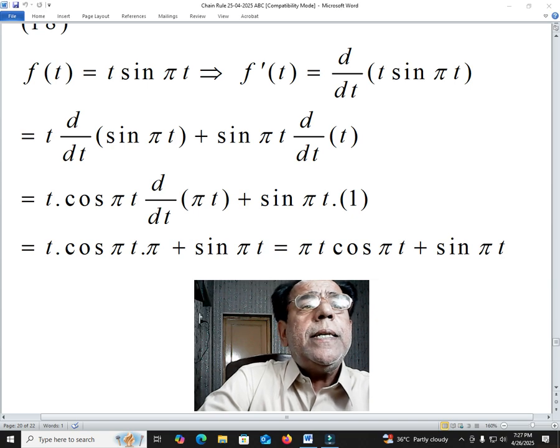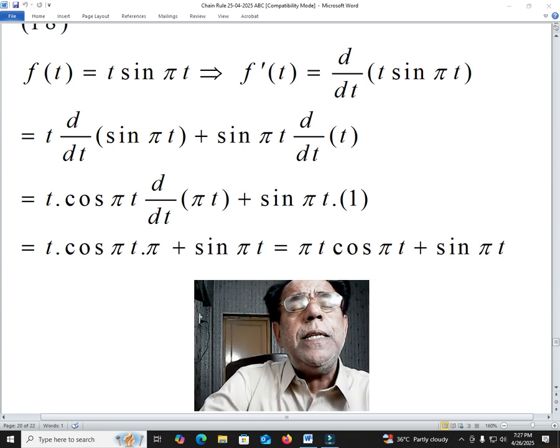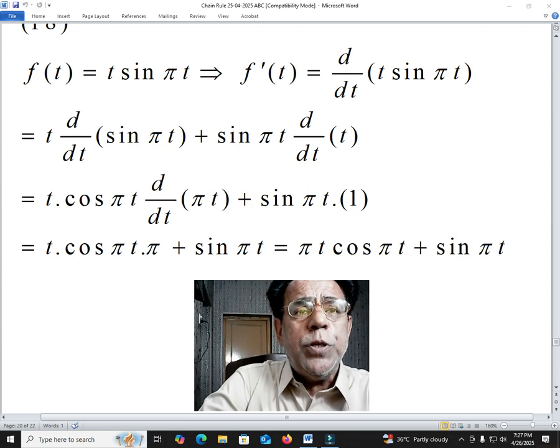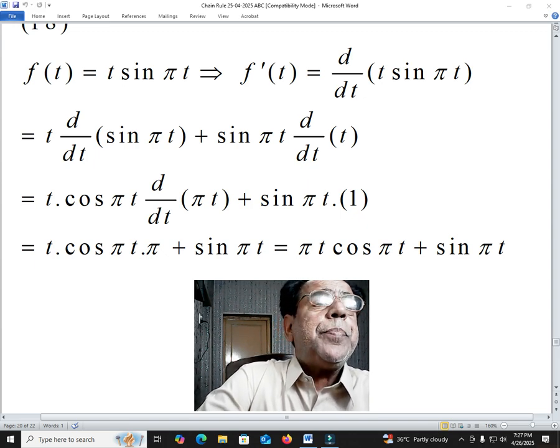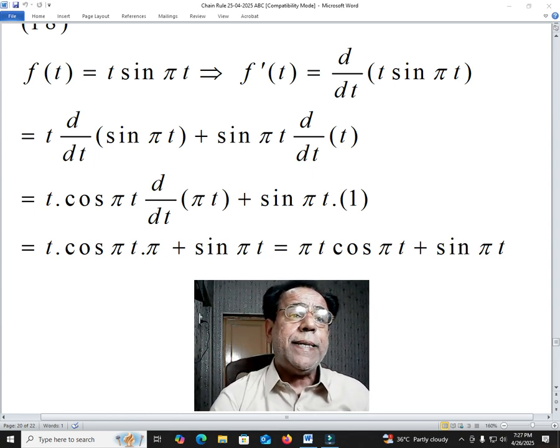Dear students, differentiation of t with respect to t will give a unity result 1, while differentiation of sine pi t with respect to t will give cos pi t, and then differentiation of pi t, that is pi.